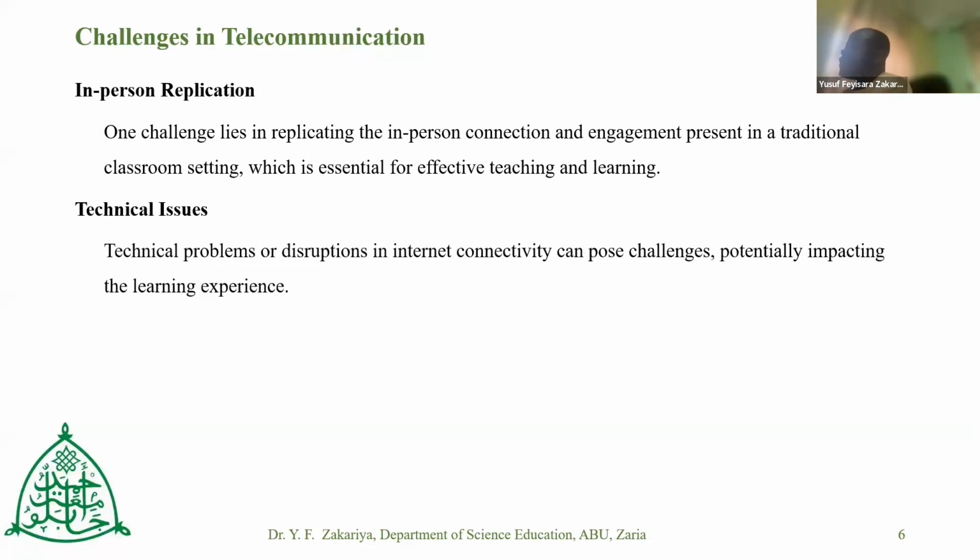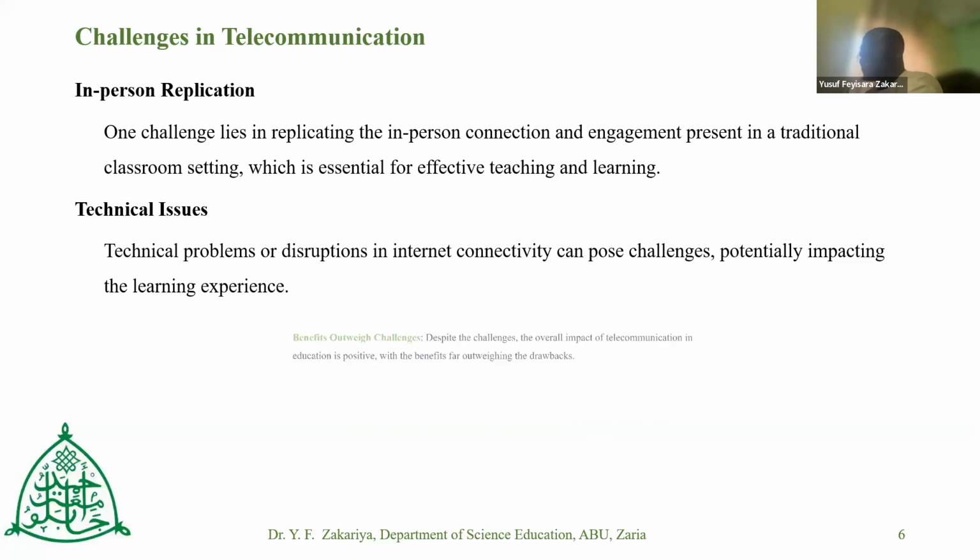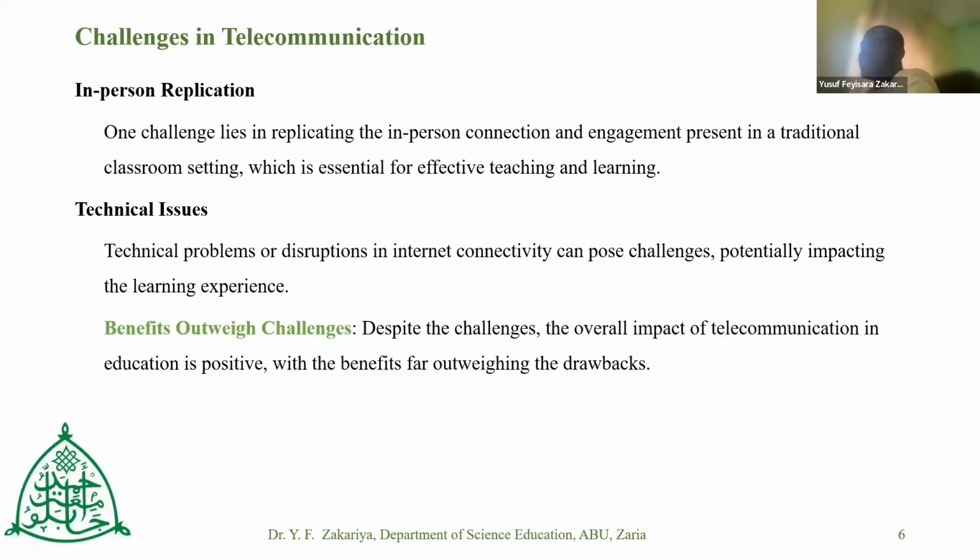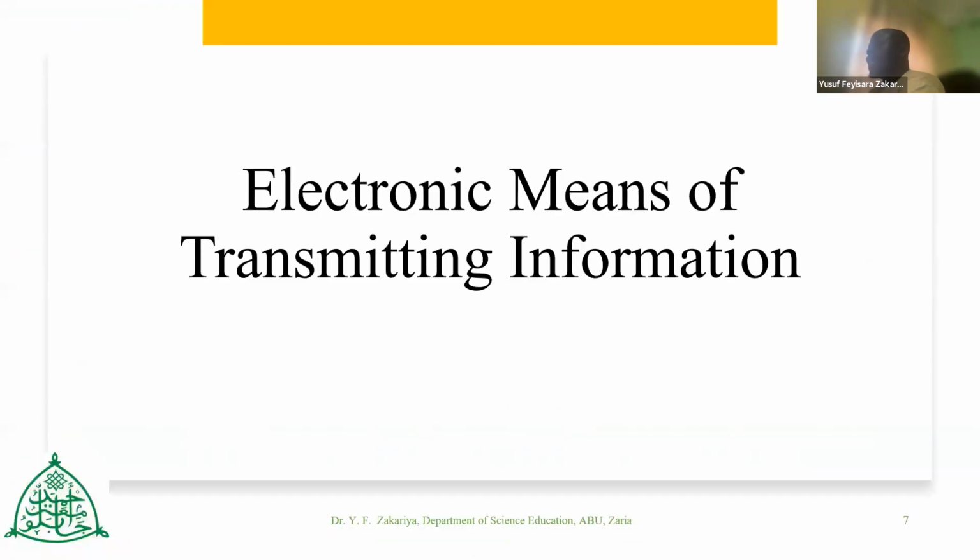We also have challenges related to technical issues; there could be some technical difficulties when using telecommunication. All right. But despite these challenges, the benefits of telecommunication actually outweigh the challenges. And then we moved straight to the electronic means of transmitting information.